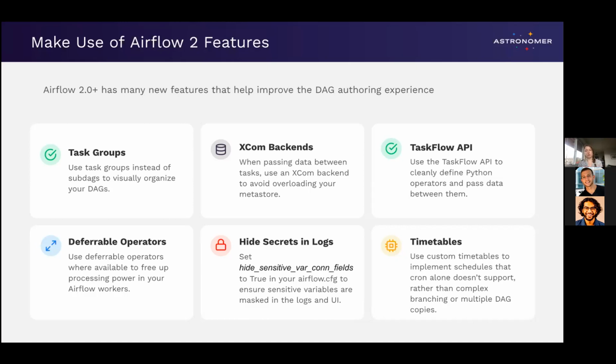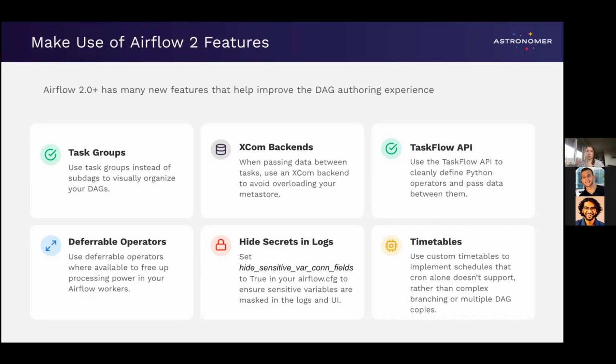Deferrable operators are designed to release that task slot during that time and then pick it up later once it's finished. This is only available for a limited number of operators, but if it is one of the ones you're using, definitely make use of that. You'll get cost savings out of that and it helps with performance in the rest of your Airflow instance.